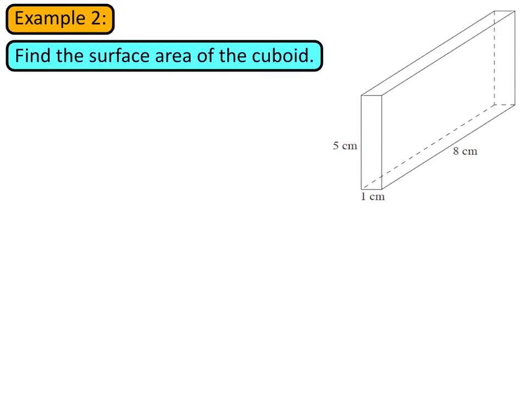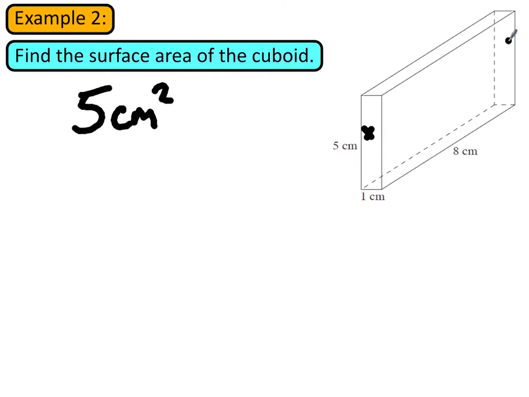Now if we want to work out the surface area of a cuboid, we're going to have to do some more calculations. So let's start by working out each one individually. This marked side there has length of 1 centimeter by 5 centimeters, so that side is going to be 5 centimeters squared in area.